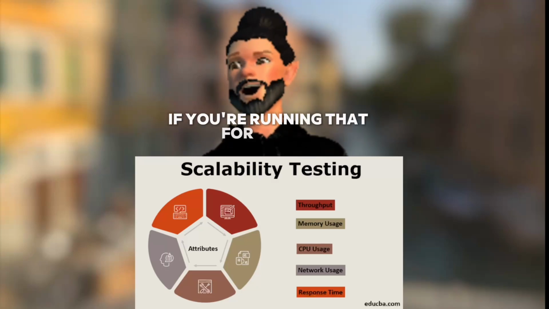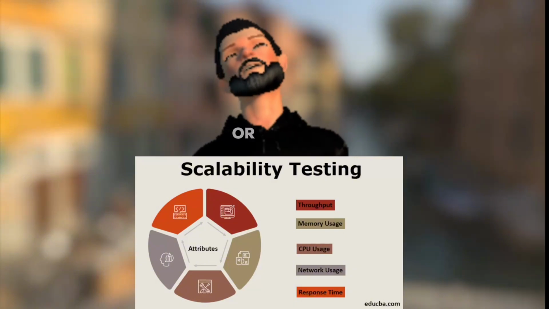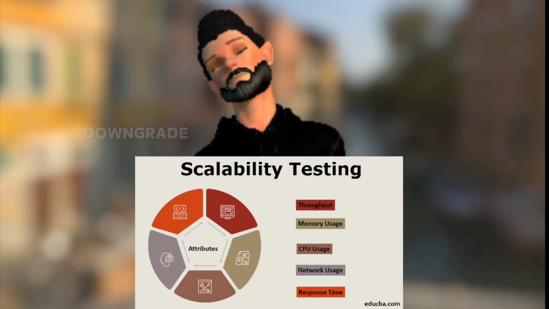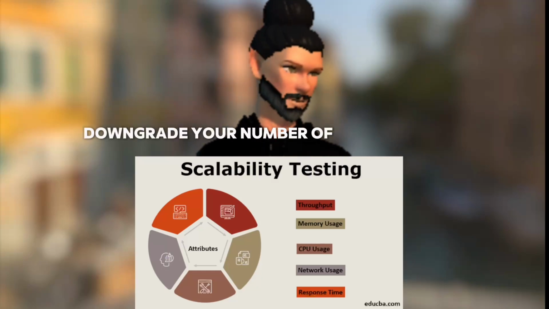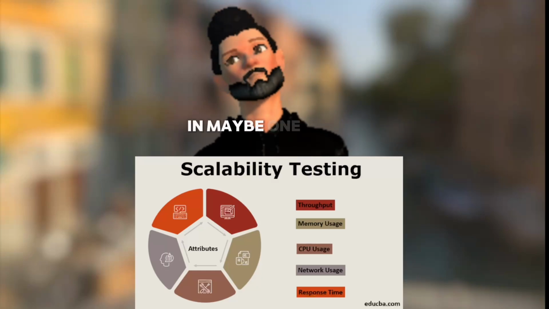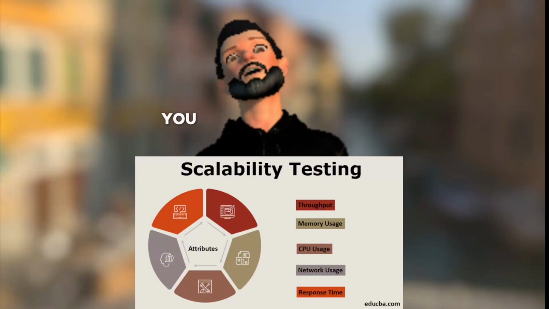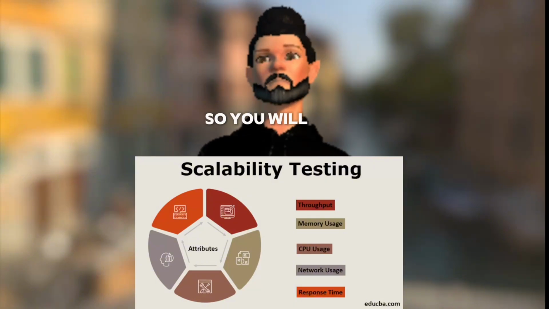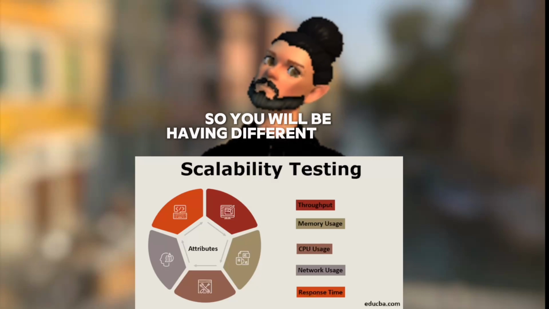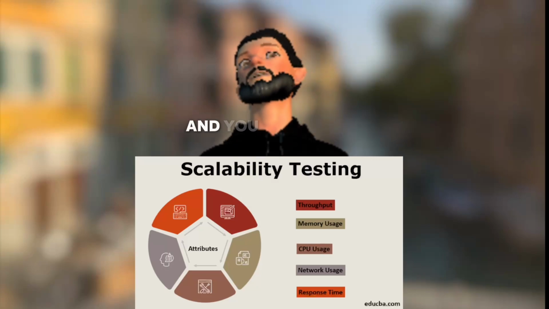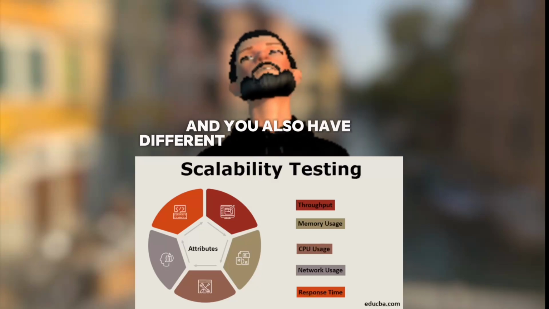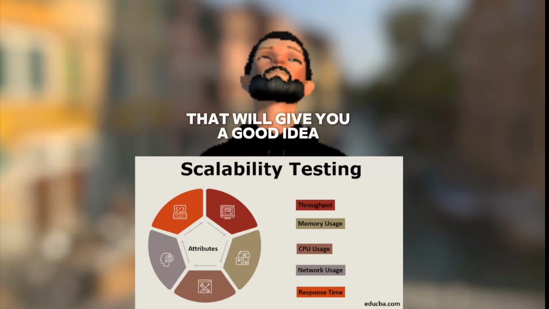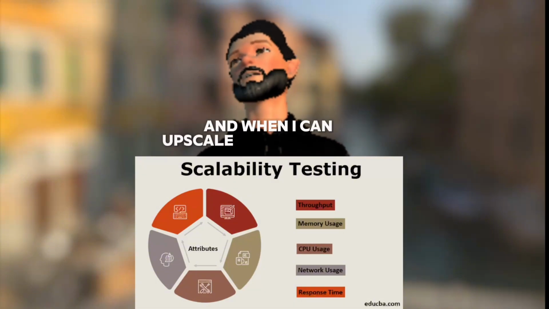If you are running for 8 hours, make a script that automatically increases and downgrades your number of duplications in maybe 1 hour cycles. For 1 hour you keep increasing, and then for the next hour you keep decreasing. So you will have different variations, different spikes, and a different number of services and nodes. That will give you a good idea about how and when you can upscale and downscale your system.